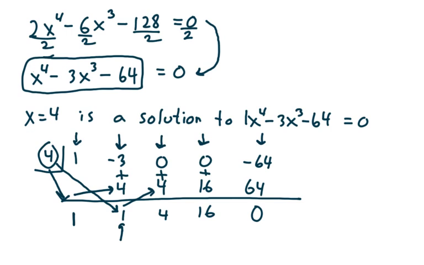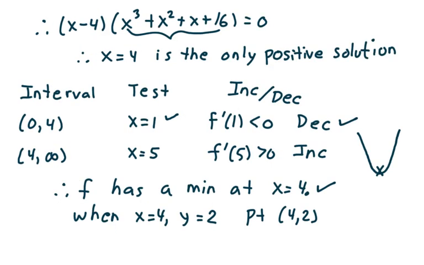So from here, I use synthetic division to factor this left side out even further. So when I do that, I end up with (x minus 4) times (x cubed plus x squared plus x plus 16) equals 0.